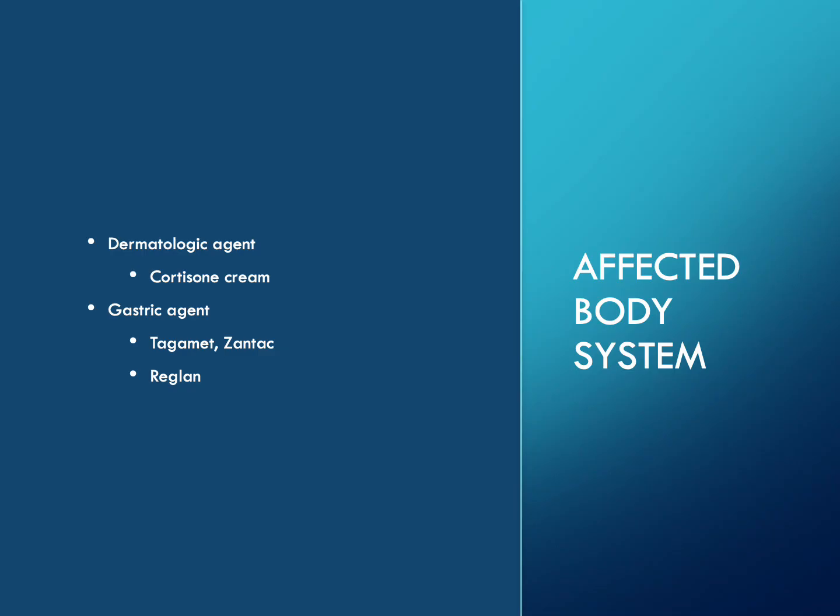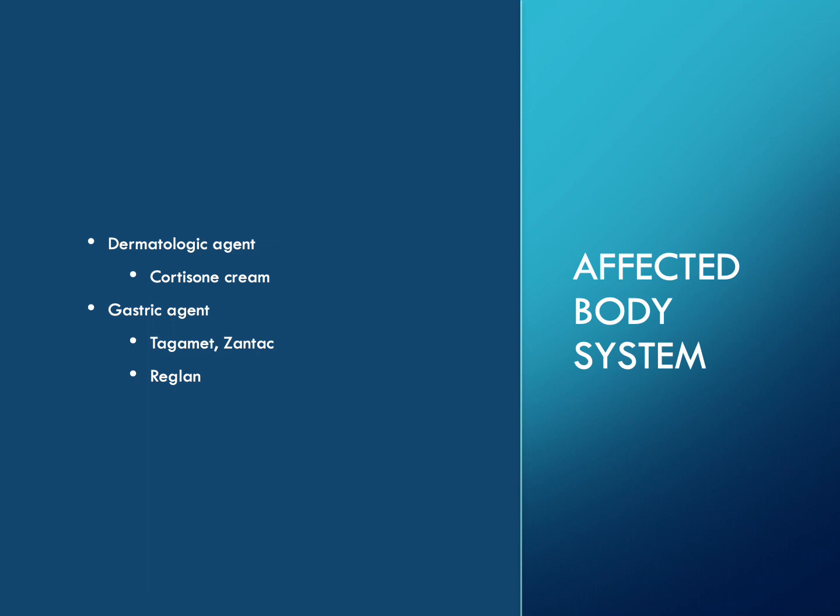So we're going to move on to the third drug classification, which is affected body systems. As its name suggests, drugs in this category are going to affect a targeted organ or organs of a body system. So ask yourself, what organ or body system does the drug affect?